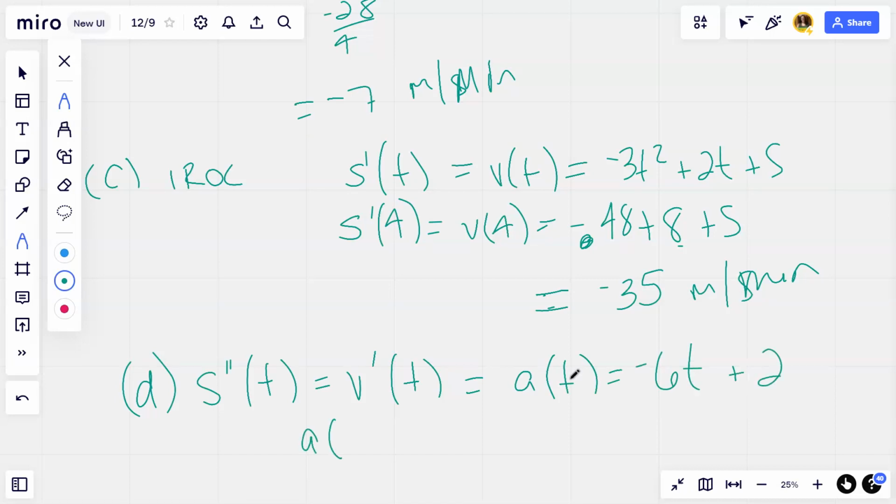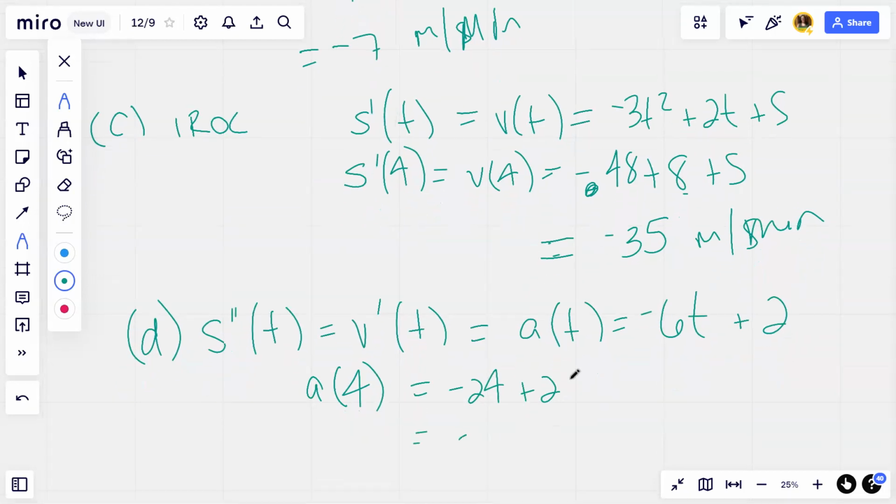What is it whenever it's 4? That would be negative 24 plus 2. What's your unit? That's right.